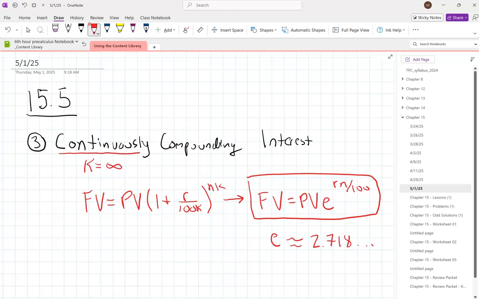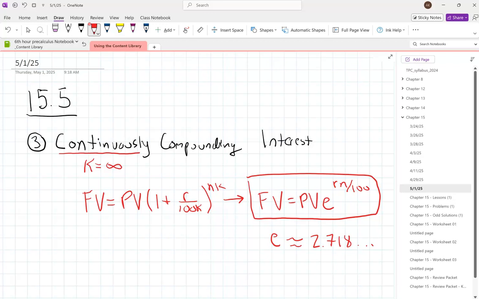In particular, when you talk about things going on in the real world, oftentimes exponential change is constantly occurring. If you think about a very large population, constantly people are being born or dying. So continuously compounding often has a lot of application to the real world.